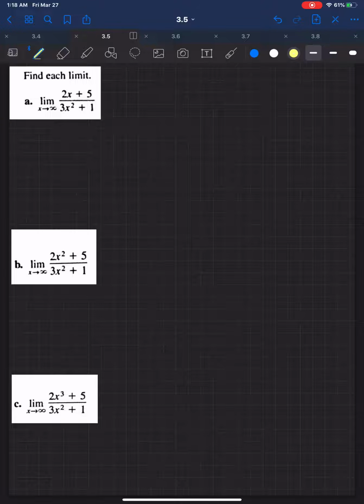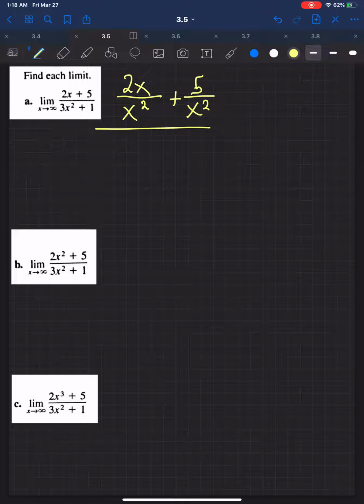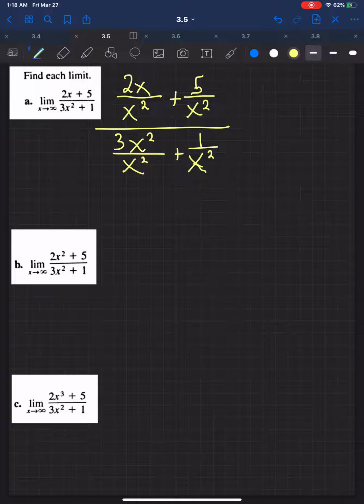So this is going to end up being 2x over x squared plus 5 over x squared, over 3x squared over x squared plus 1 over x squared. Okay, let's go ahead and clean this up a little bit.